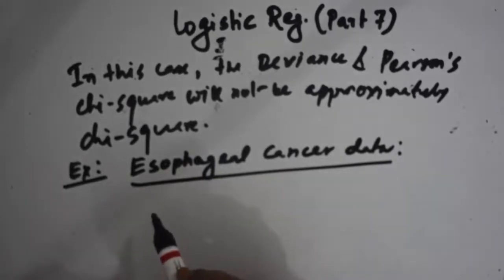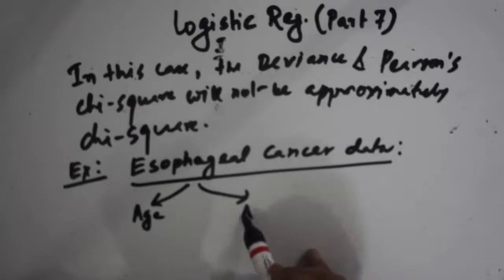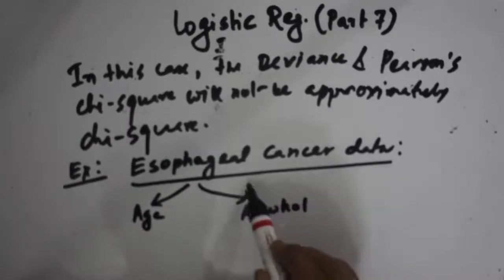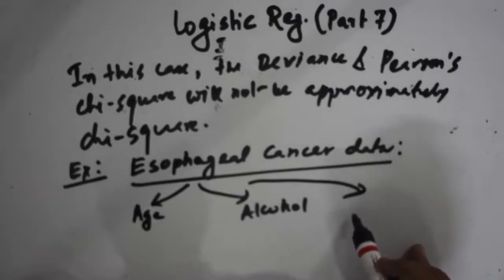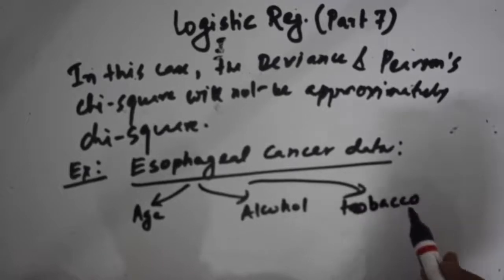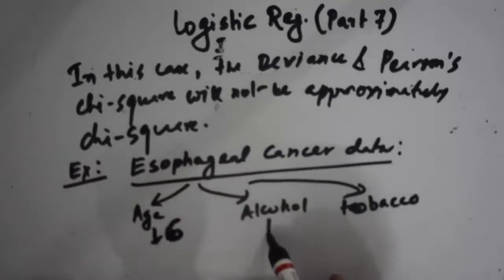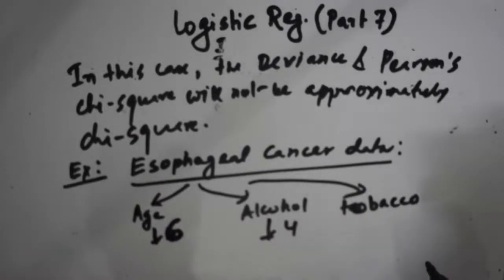There are 3 covariates: age, alcohol, and third is tobacco. Age has 6 levels, alcohol has 4 levels, and tobacco has 4 levels.